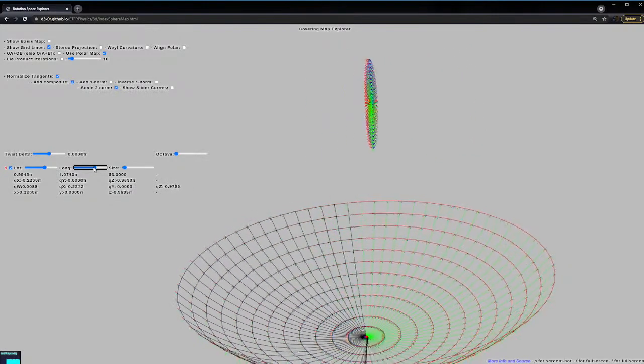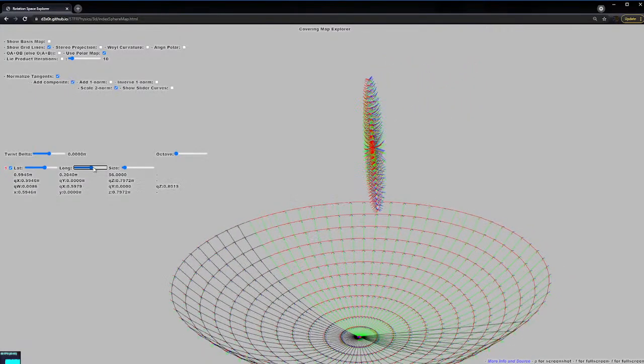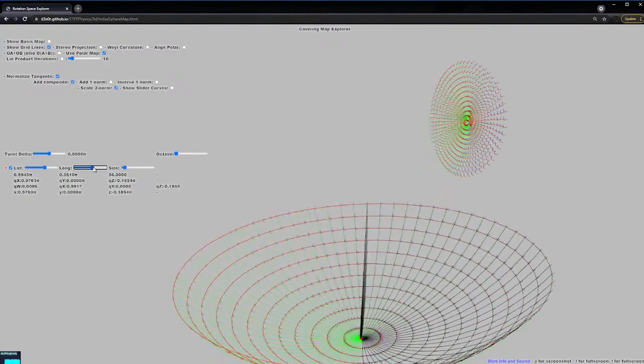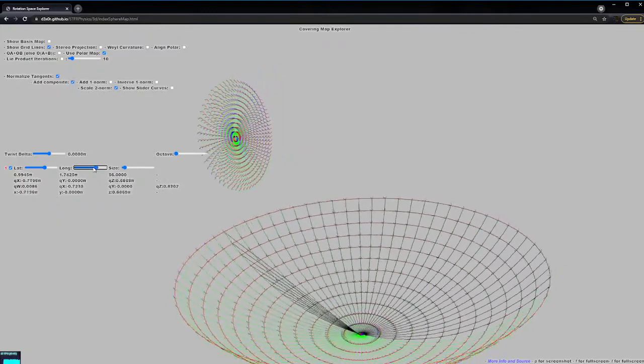I think that's only rotated that plane. Okay, about 1/2 turn.